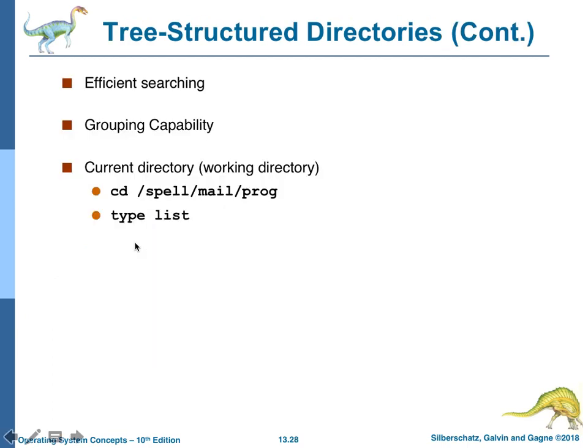Searching is also efficient inside the tree. We know the popular searching algorithm, tree search. We also have sufficient grouping capabilities, and the directories provide efficient file paths. Proper path protocols are also available for this type of directory structure.